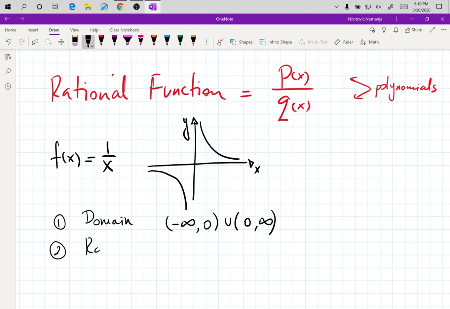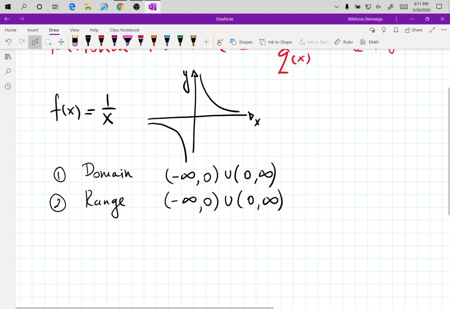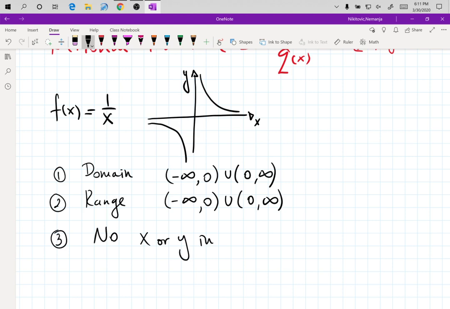Range is also negative infinity to 0, union 0 to infinity. This function also doesn't have the value at y equals 0, right? Number 3, there are no x or y intercepts.